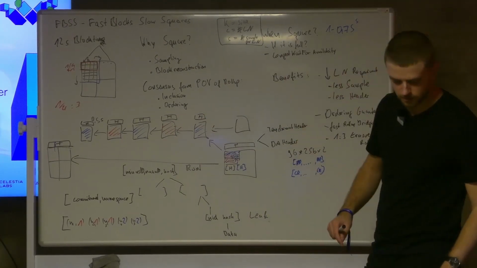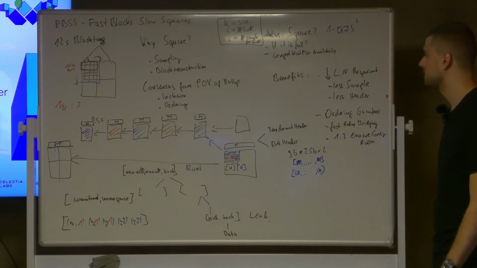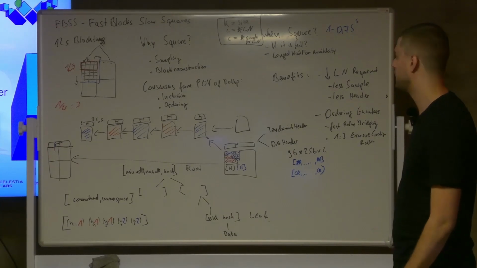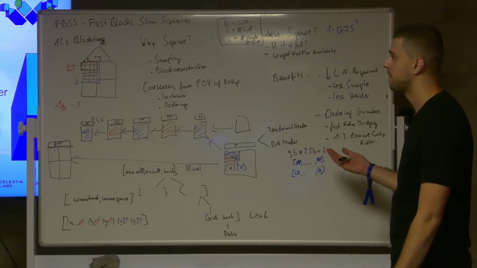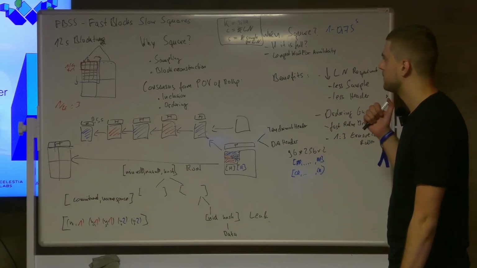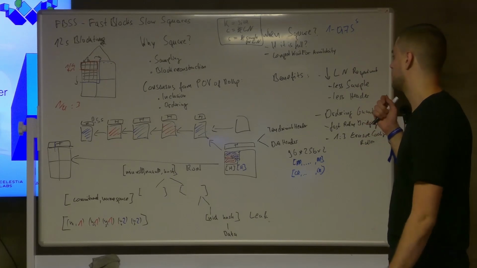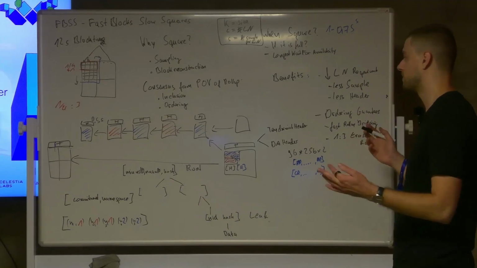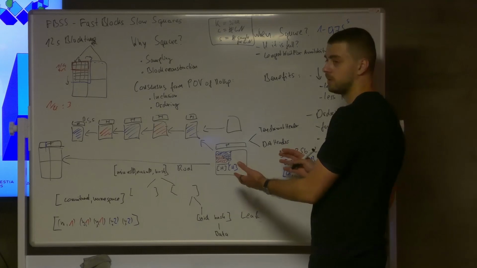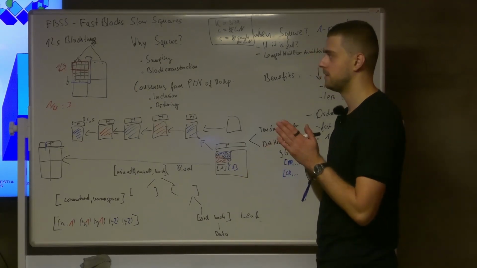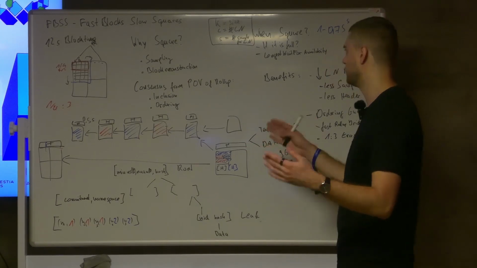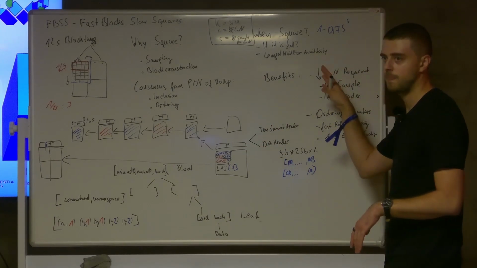Okay, so we're closing to our end, and I'll quickly recap why you would want to have fast block store squares. We have a constant work that a light node has to do, so it would be incentivized to have that as slow as possible with some upper bound.